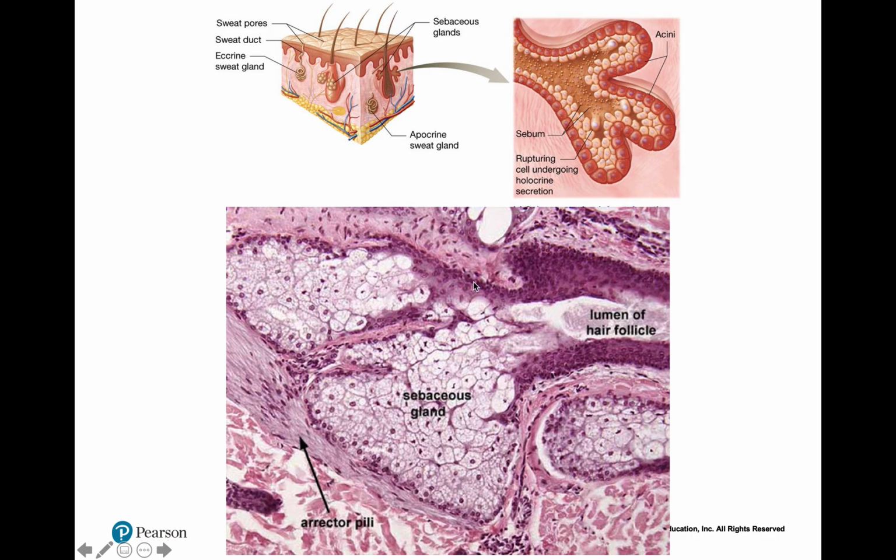Now, if we look at a histology slide of sebaceous glands down here, these are all cells of sebaceous glands, and the first thing you should think of when looking at a sebaceous gland is adipose. Like, oh, it kind of looks like adipose-ish. Not really, but kinda. And that's because of the type of secretion that sebaceous glands produce.